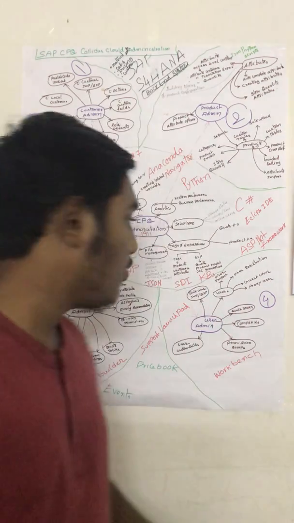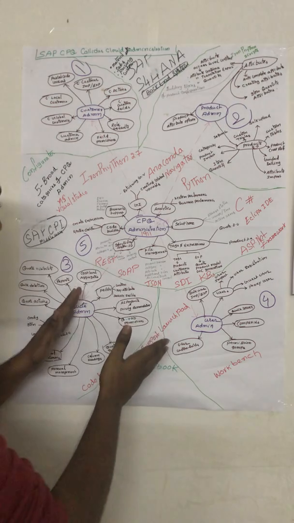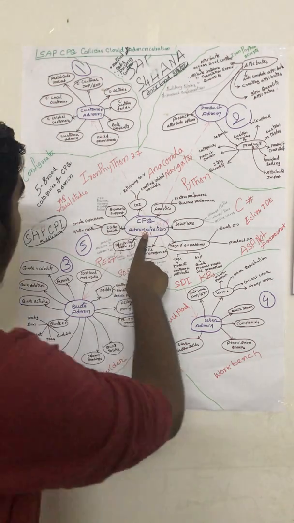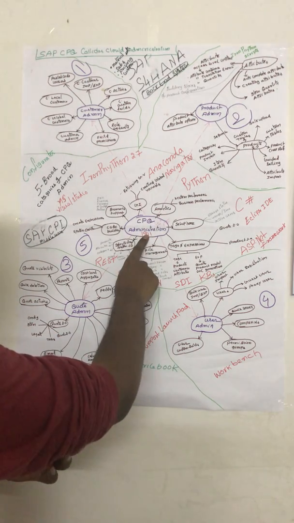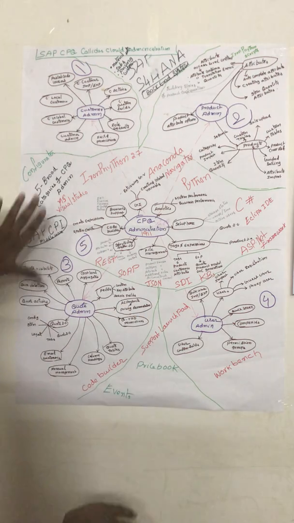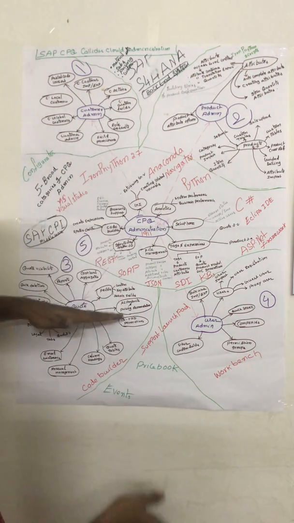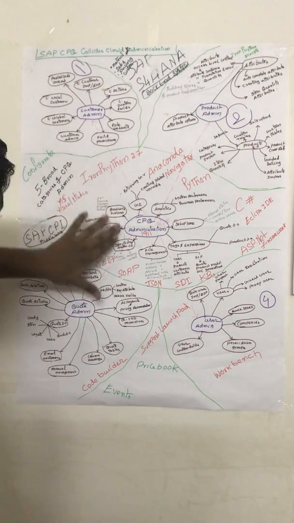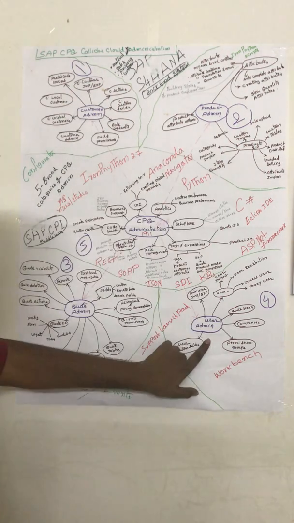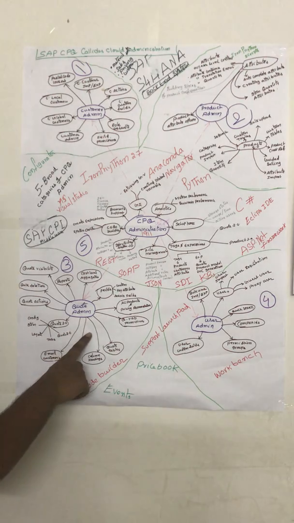Now we'll go into the main subject, CPQ administration, as you see here in this chart. CPQ administration has four main important subtopics: customer admin, product admin, user admin, and code admin.